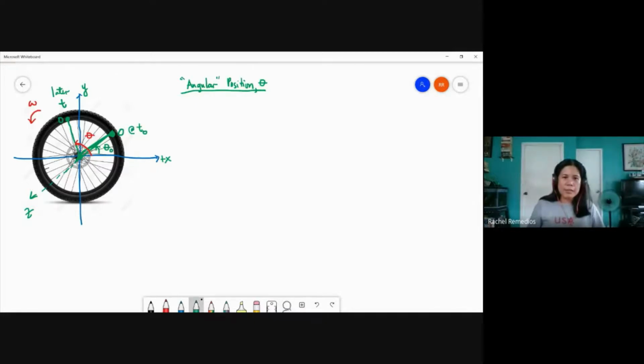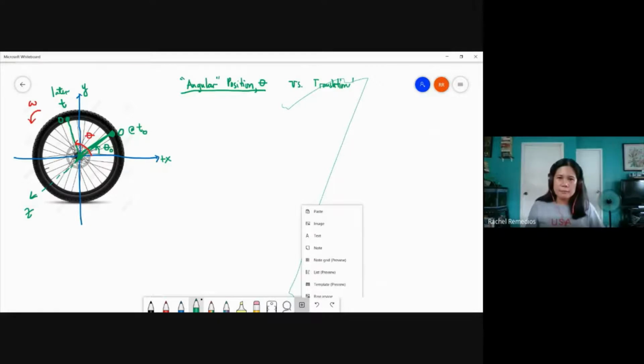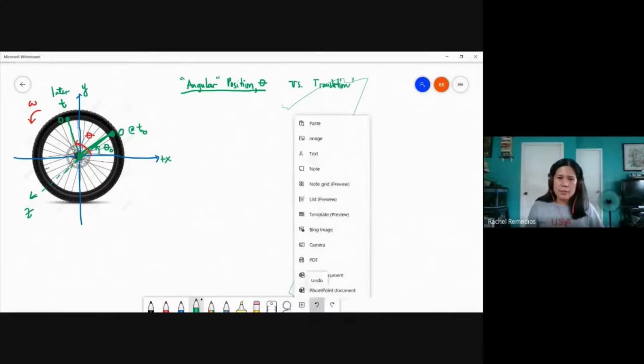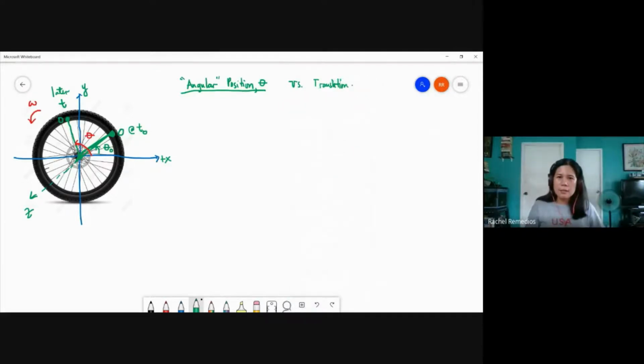In other words, angular position is somewhat similar to the translational position that we learned earlier. If it's on the x-axis, we call it x.